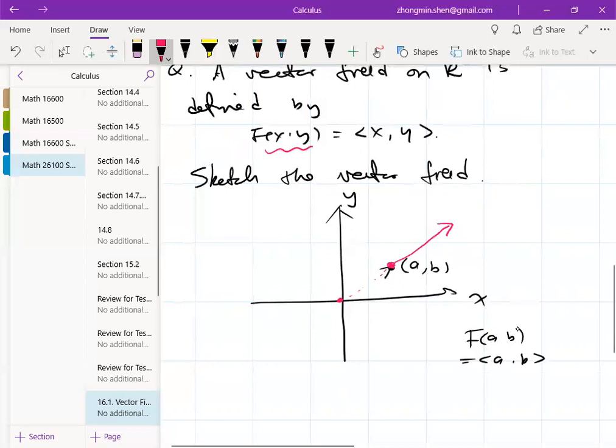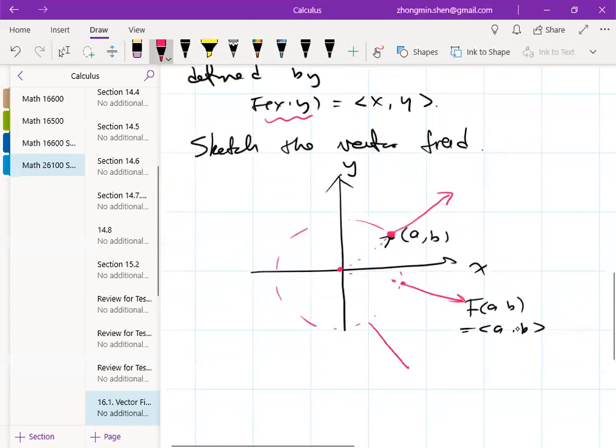Then if the point is further away, this vector is getting longer. The direction will not change. So what you can get here is like that. And then if you draw a circle around that, around this circle the lengths are all the same.